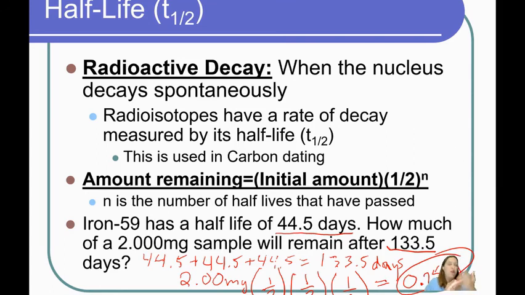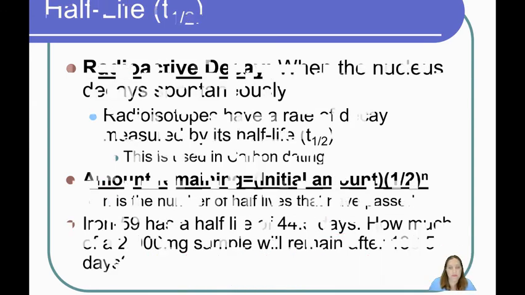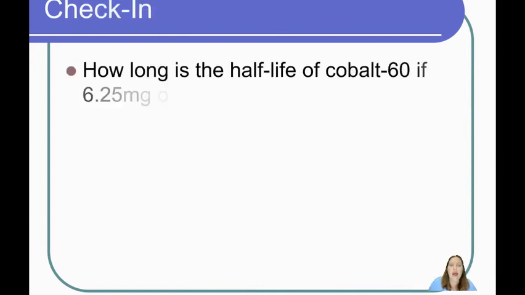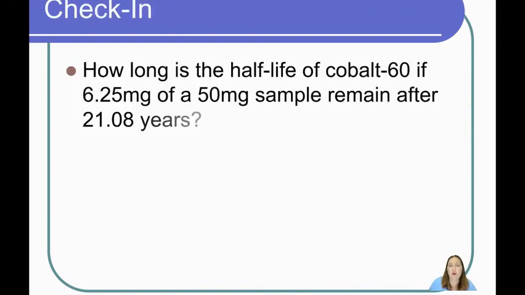So again, you figure out how many half-lives have taken place, and then you cut the sample in half, however many times that is. So let's try another question. How long is the half-life of cobalt-60 if 6.25 milligrams of a 50 milligram sample remain after 21.08 years?